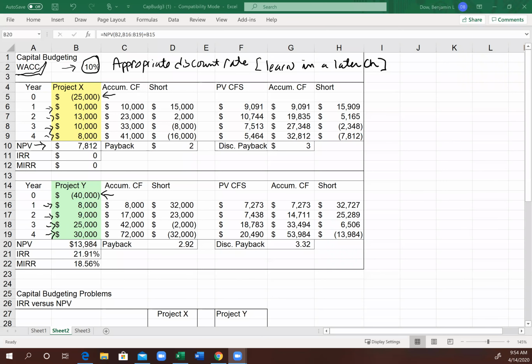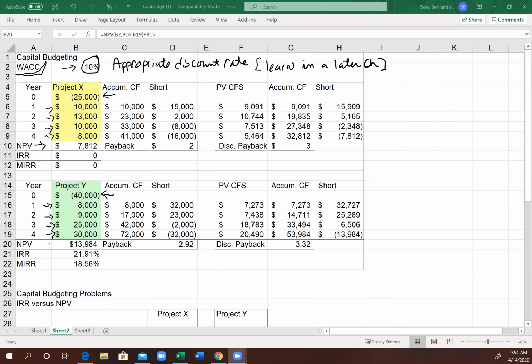All right, so project X costs 25,000, project Y costs 40. They have some differences in terms of what they return over different points in time. But here's some of the things that we need to look at, okay?